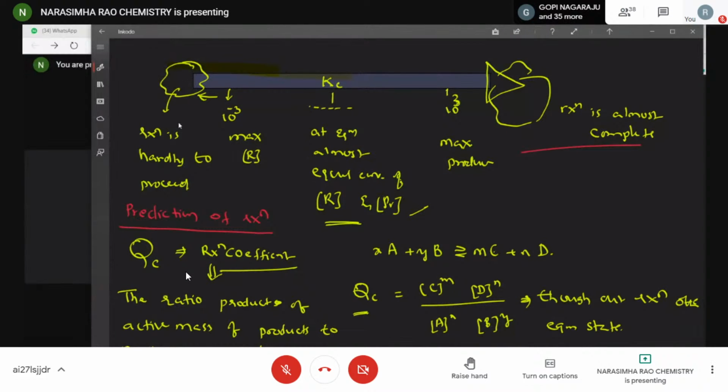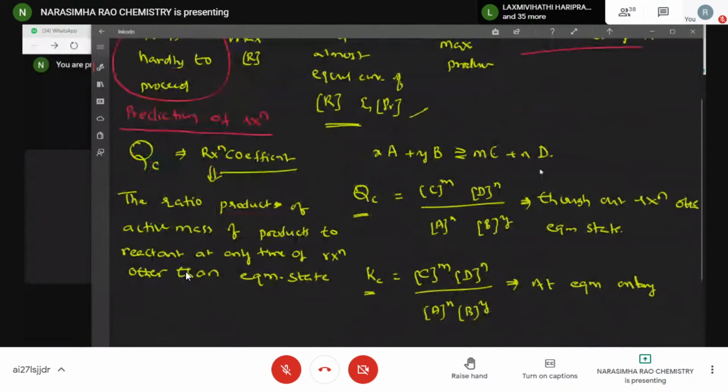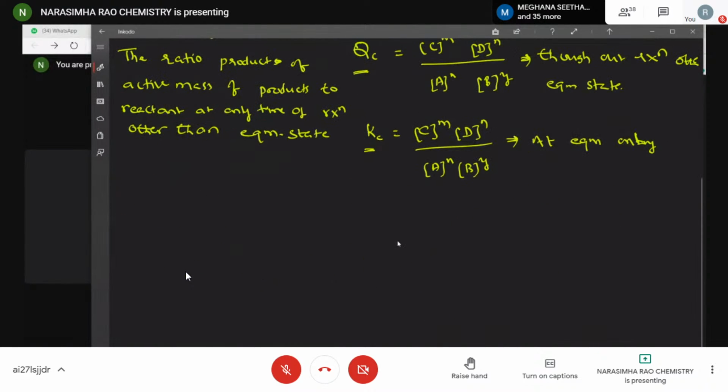If the Kc value is low, it hardly proceeds. In between, the measurable range means they are almost equal, both are similar and stable, at a middle concentration of reactant and product. Extension of the reaction means it will move to the forward or backward reaction. It will shift. That can be explained by Qc and Kc.